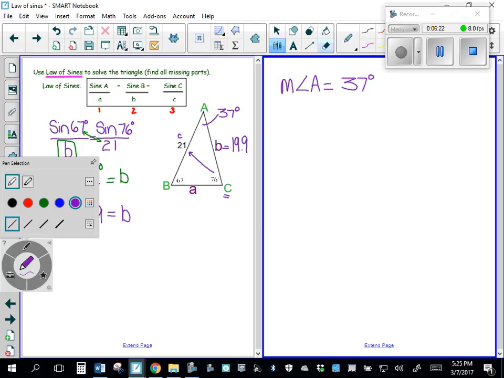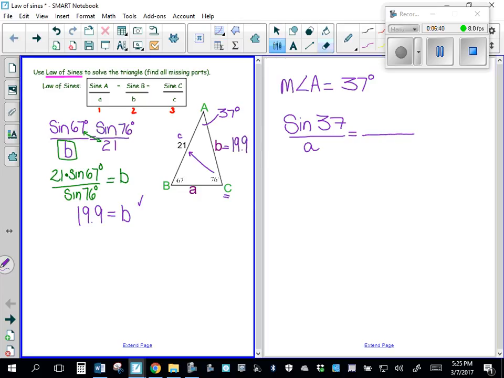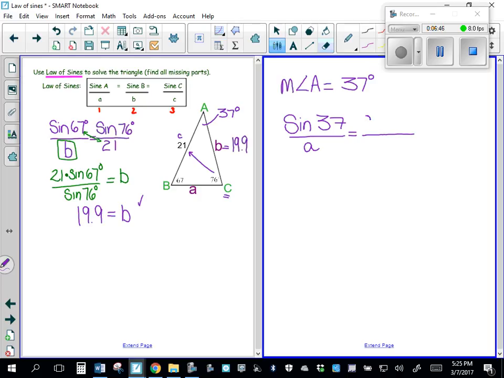So now I'm going to try to find side length A. So I'm going to say the sine of the measure of angle A compares to the side A as, and now I have a choice of using the B value or the C value. And in class we talked about always going back to the original value because there won't be a rounding error.